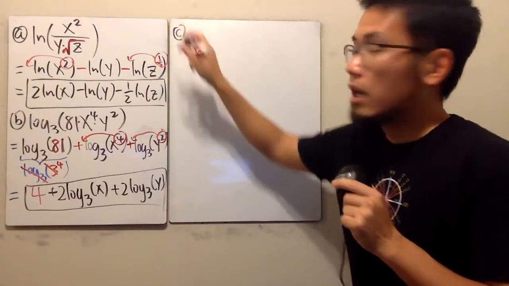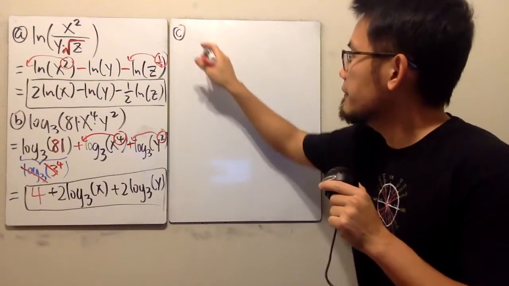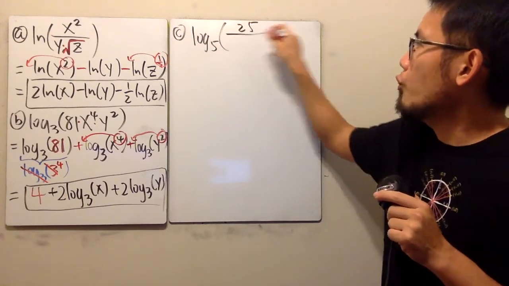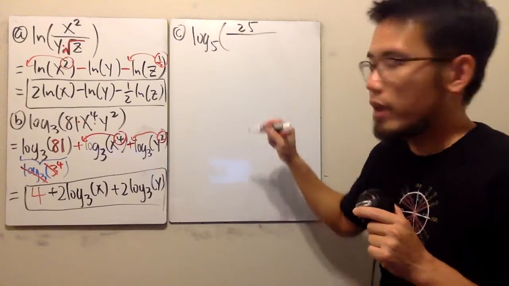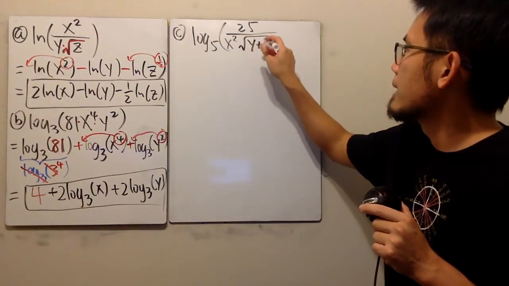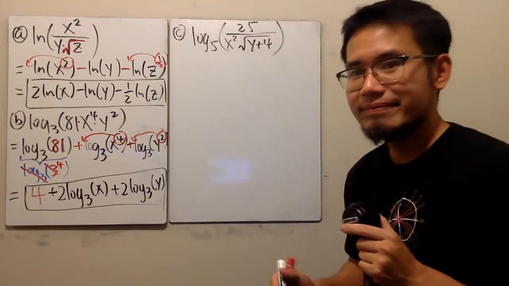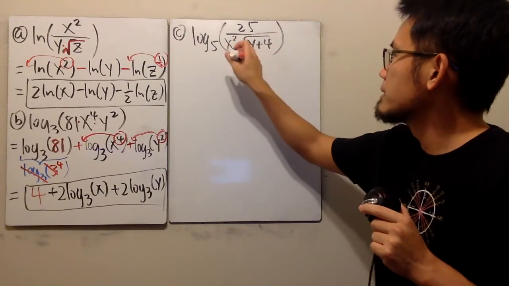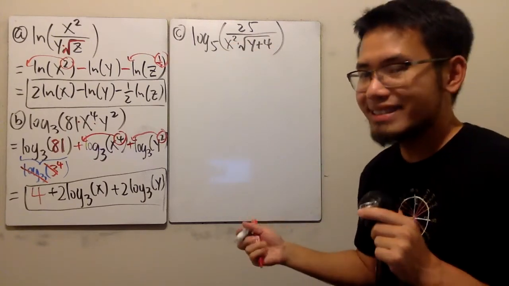Okay, part C. Here we have log base 5 and then we have 25 over x squared times square root of y plus 4, like this. Now, we have a denominator, right? And then it's this times that. So, again, we have 3 parts.